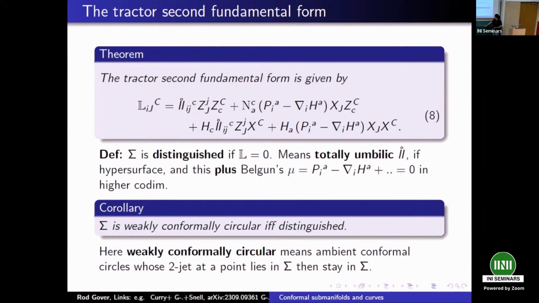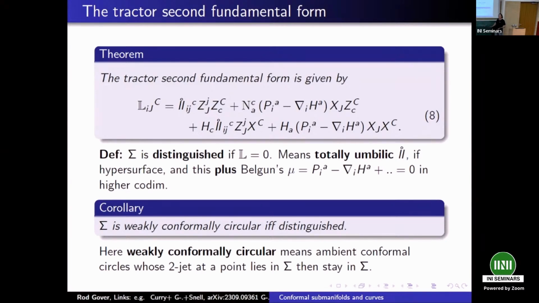So here we have weakly conformally circular. What it would mean for this to be weakly conformally circular is that you start off with a point on the submanifold and a tangent vector to that, and another tangent vector that's going to be the acceleration, all tangent to the submanifold, but then you use the ambient conformal circle equation.